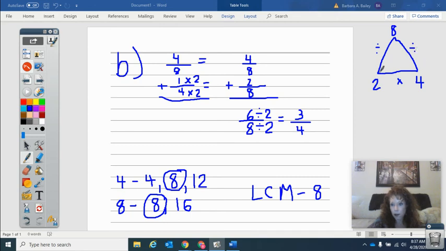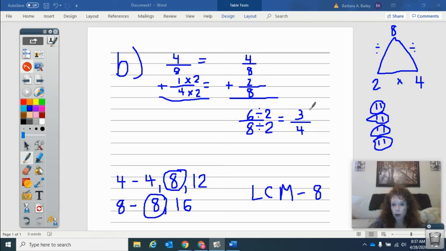So 8 divided by 4 is 2. 8 divided by 2 is 4. 4 times 2 is 8. 2 times 4 is 8. So that's one way to do it. Or we said do tally marks. Take the number I'm dividing by and just make groups of 2 and count up to 8. 1, 2, 3, 4, 5, 6, 7, 8. How many groups of 2 did I make? 1, 2, 3, and 4. Okay, so 8 divided by 2 is 4.